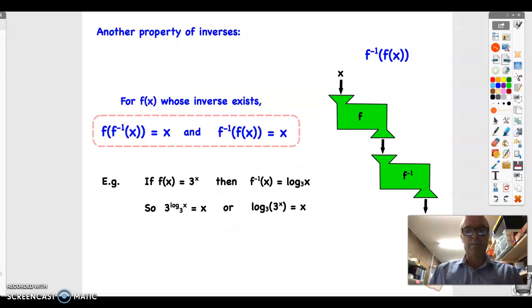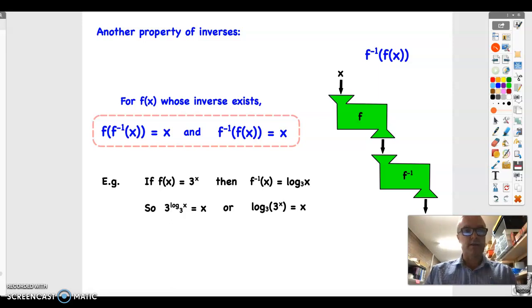So what happens when we use a function and its inverse to create a composite function? Unsurprisingly, we get exactly the same output as the input to that composite function. If we input any value of x through f and then through the inverse of f, we're going to get exactly the same value out.